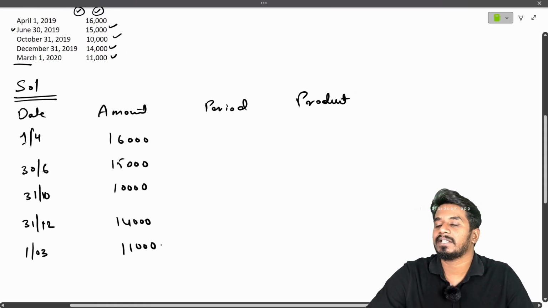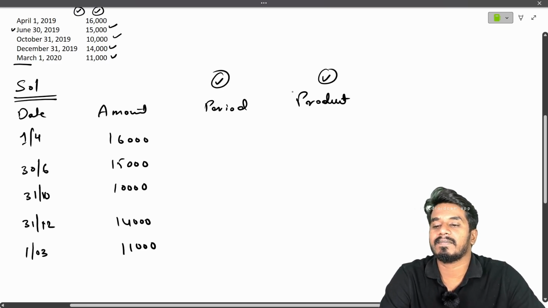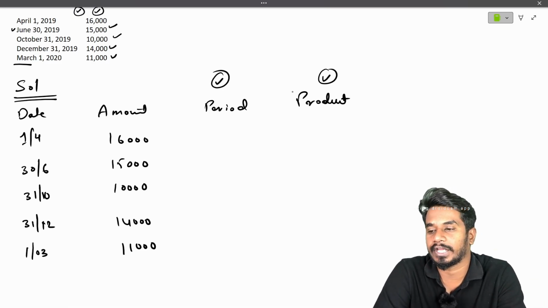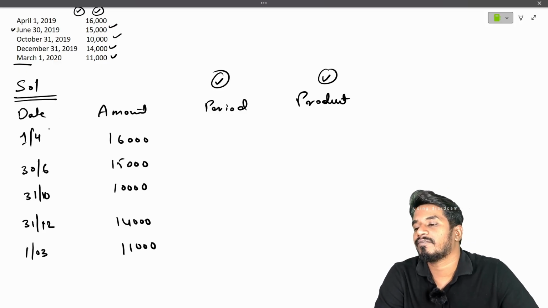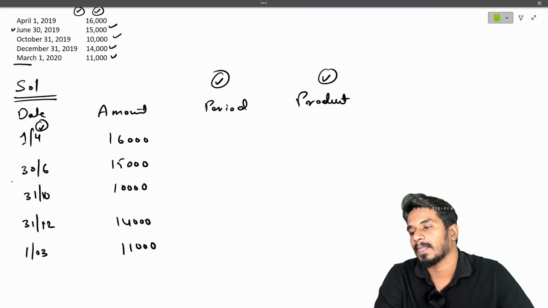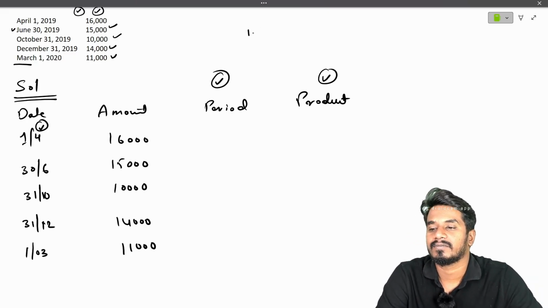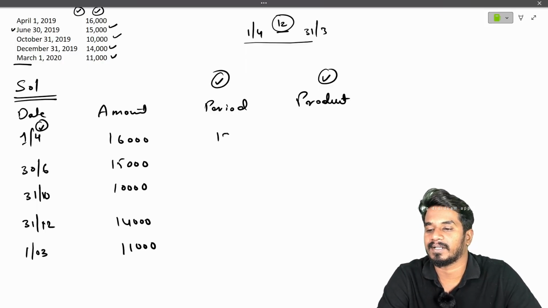So for this, we need to calculate the period and product, then we will calculate the interest on drawings. Let us see how many months are coming. From 1st April to year end, 31st March, is 12 months, complete 12 months.